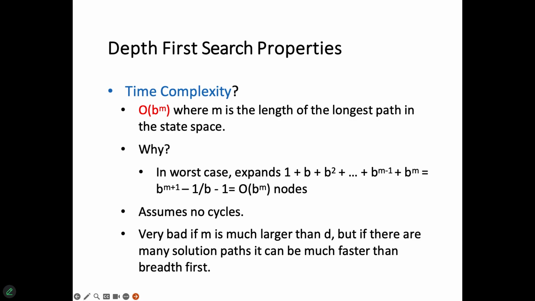Okay, so the worst case is that it may do really unnecessary searches, going very deep, especially if your solution is not that deep.